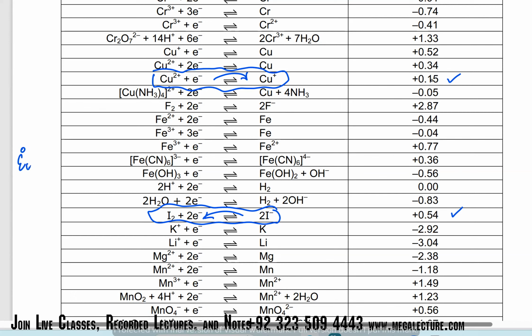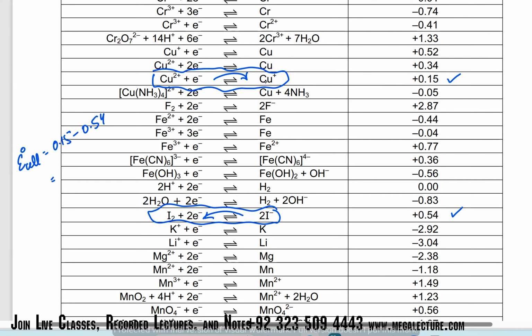लेकिन how would you write this? वो आप उसको measure करोगे E naught cell. मतलब देखे तो सामने नजर आ रहा है कि it's not going to happen, right? You're going to measure the E naught cell, and if you look at the E naught cell, तो reduction minus oxidation. Reduction is 0.15. Oxidation is the other one, which is 0.54.